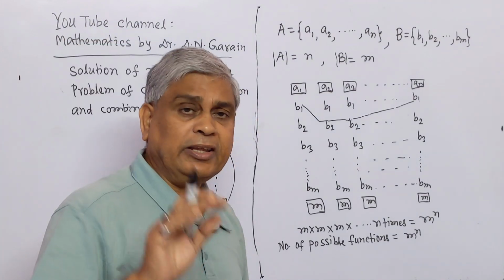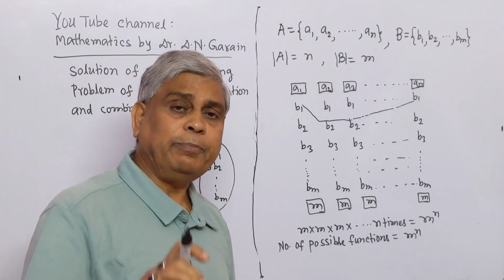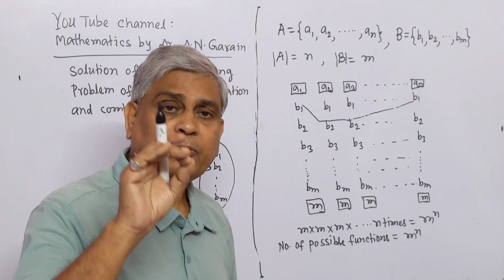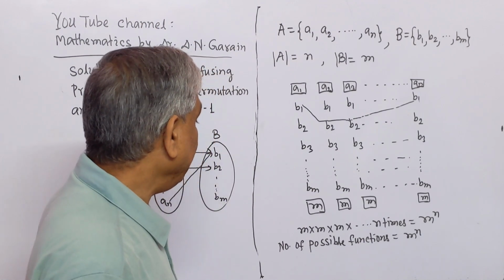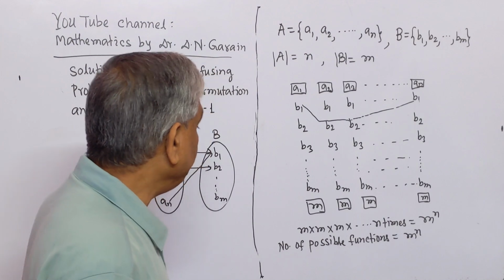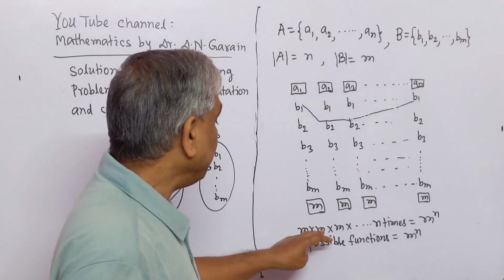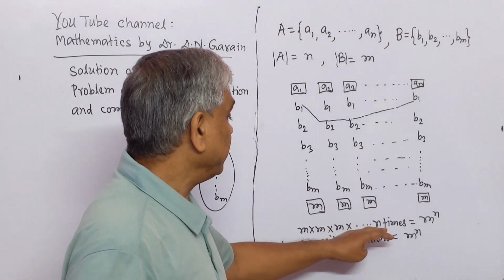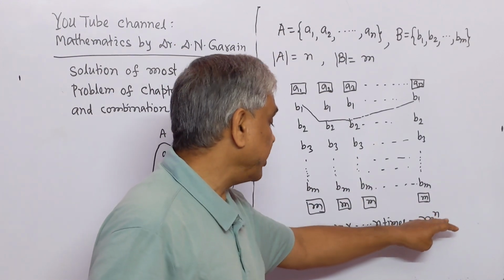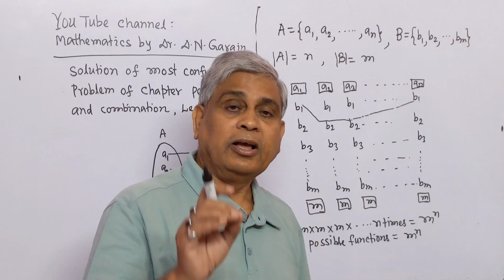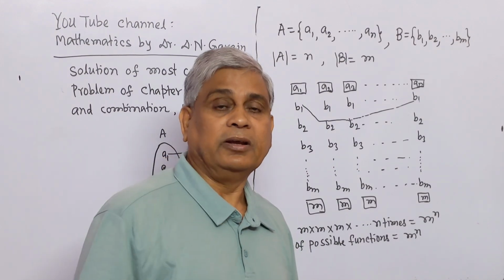In this way, different possible curves represent different possible functions, and the number of possible curves will be m multiplied n times, that is m to the power n, and our problem is solved.